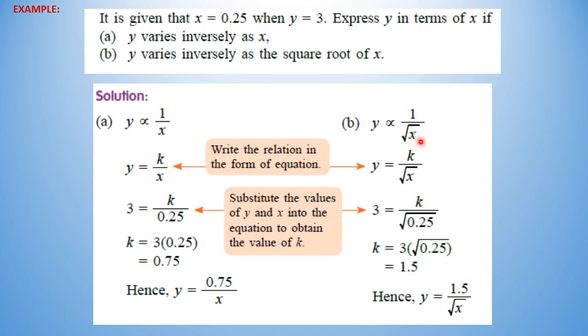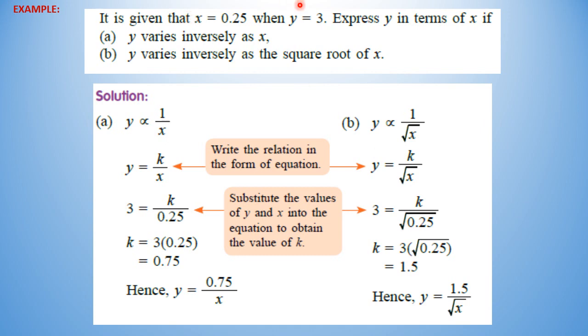After that, you change your variation relation to equation form. Always remember, k should be on the numerator. So y equals k over square root of x.